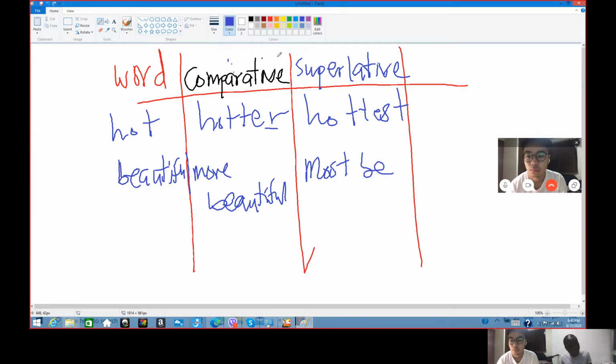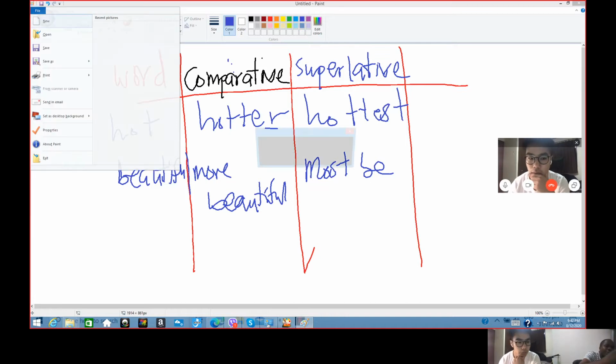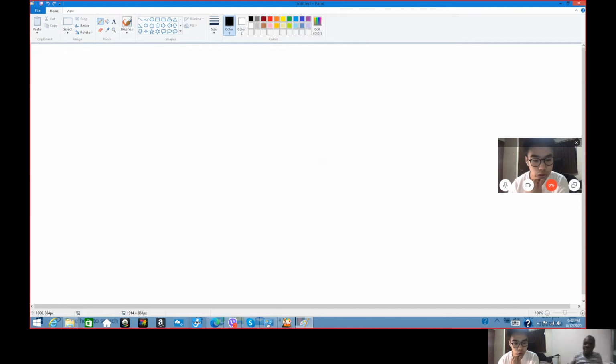So we can do either of them. If you tell me in 20 minutes we can do half, then we'll do the other half another time. So which one do you want to do? Articles or types of verbs? You have to choose one.